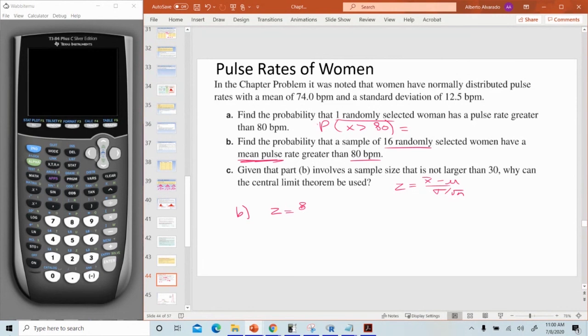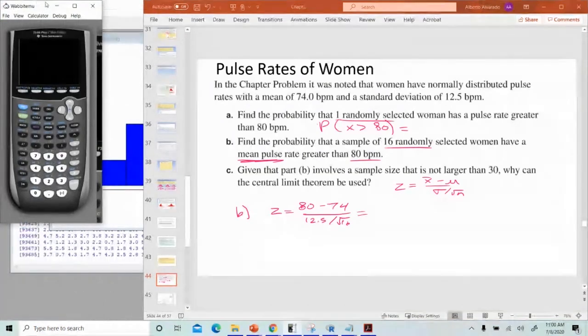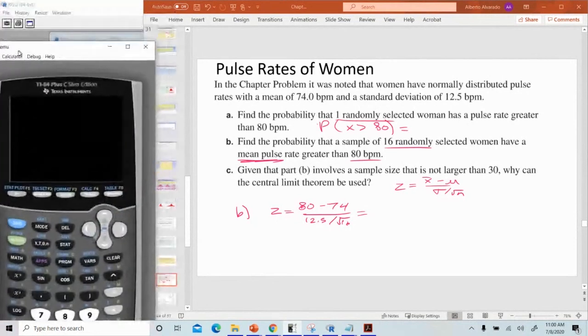So I would do 80 minus the mean, divided by the standard deviation, which is 12.5, over the square root of the sample size 16. I'm only doing this in case some of y'all want to get ahead on the homework.